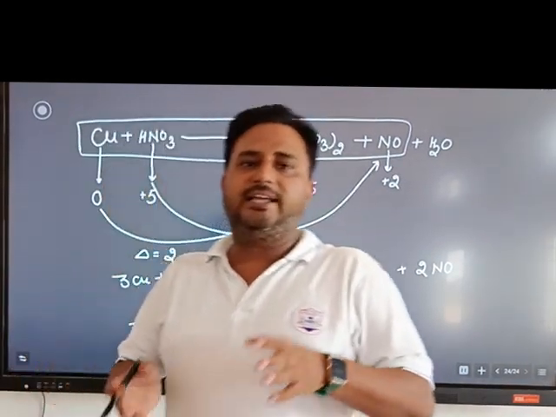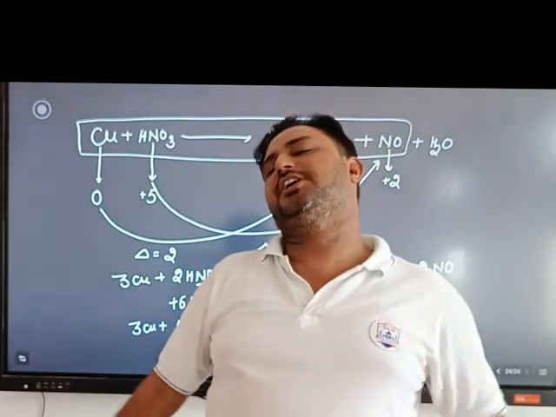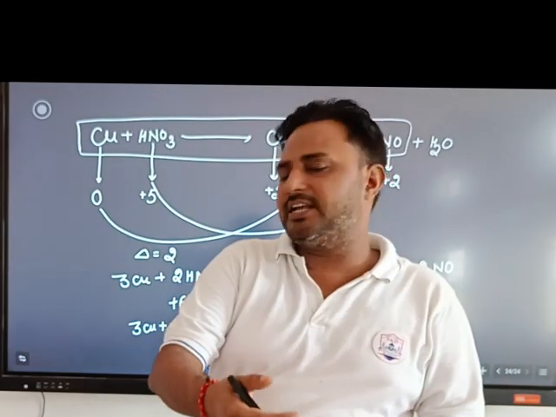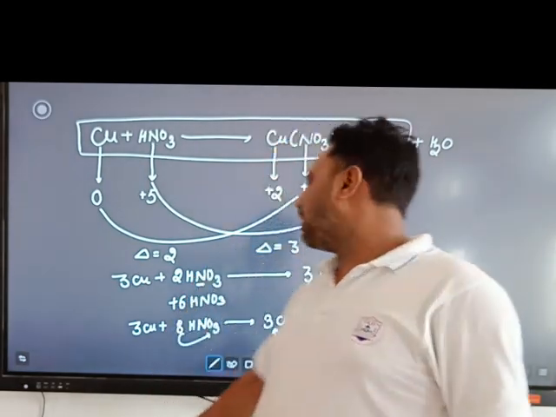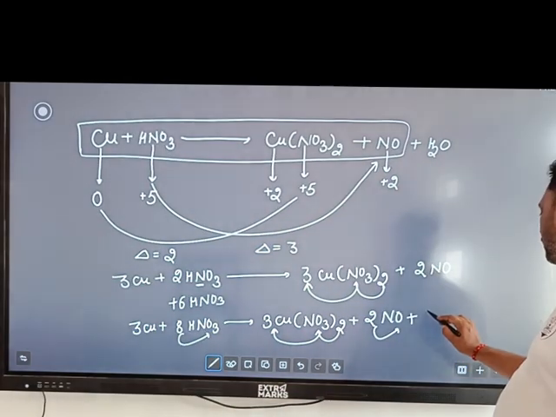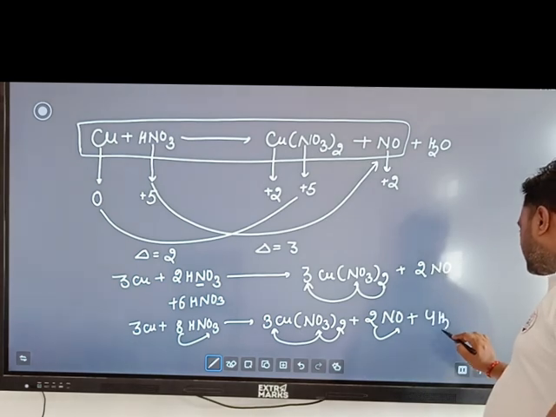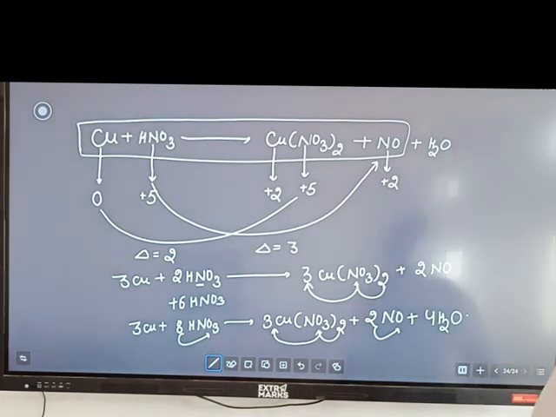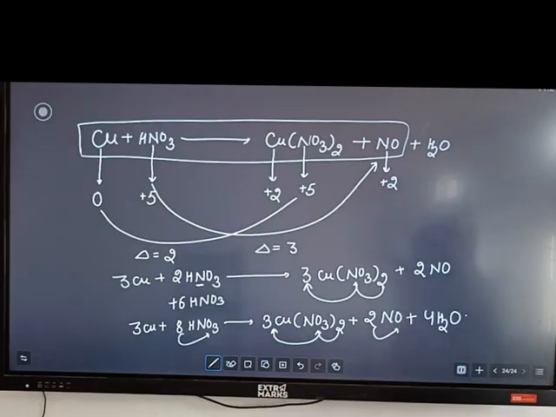Means the product side is deficient by 4 oxygen, and you know oxygen is balanced with the help of water. So I am going to add 4 times of water on the product side, and after the addition of 4 water, now this reaction is balanced.